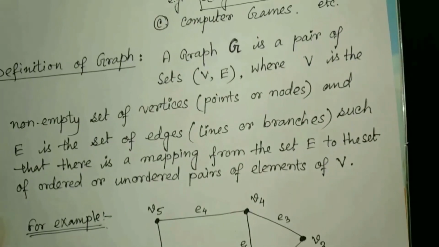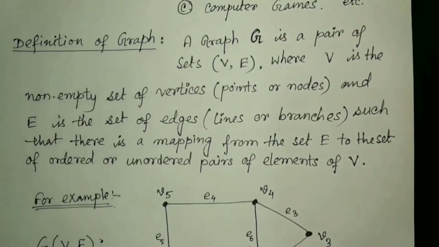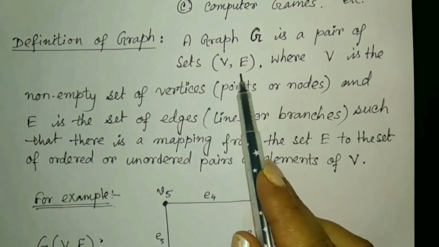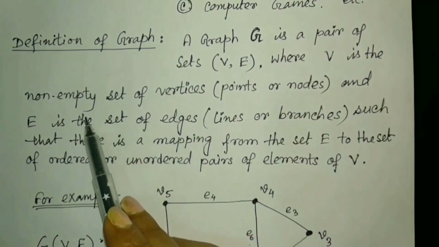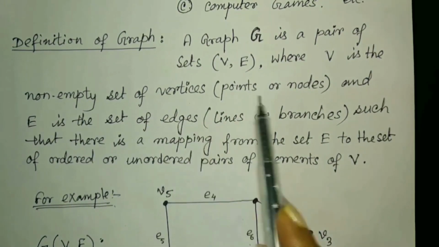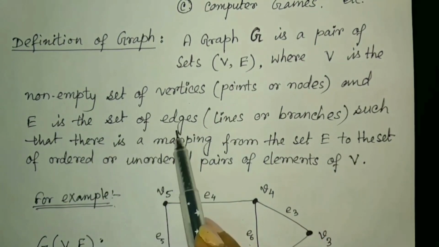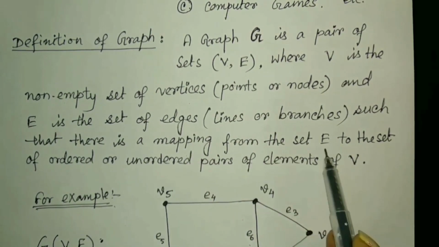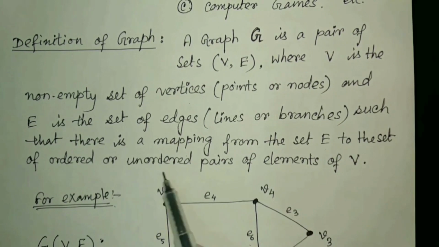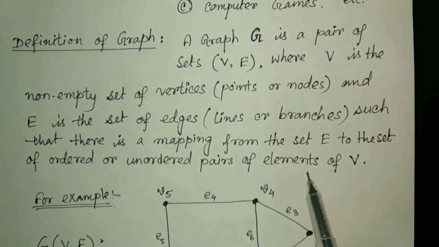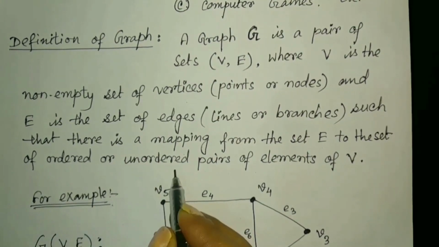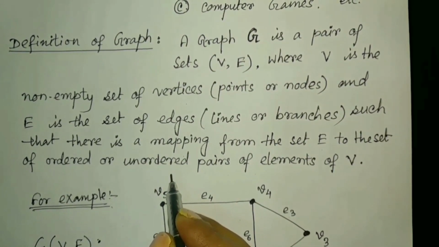So we can say a graph is a pair of sets V and E, where V is the non-empty set of vertices and E is the set of edges, such that there is a mapping from the set E to the set of ordered or unordered pairs of elements of V. So here ordered and unordered, these two terms are there.